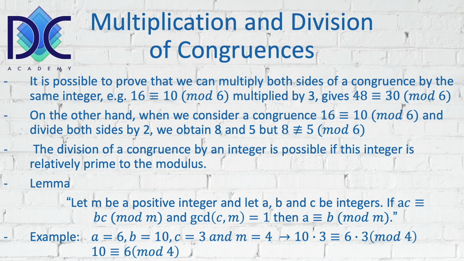So we find 10 is congruent to 6 modulus 4. Is this correct? Well, 4 divides 10 minus 6, and that's correct because 10 minus 6 is 4, so of course 4 divides 4. So these are the elements about the congruences, about the properties that we will use later.